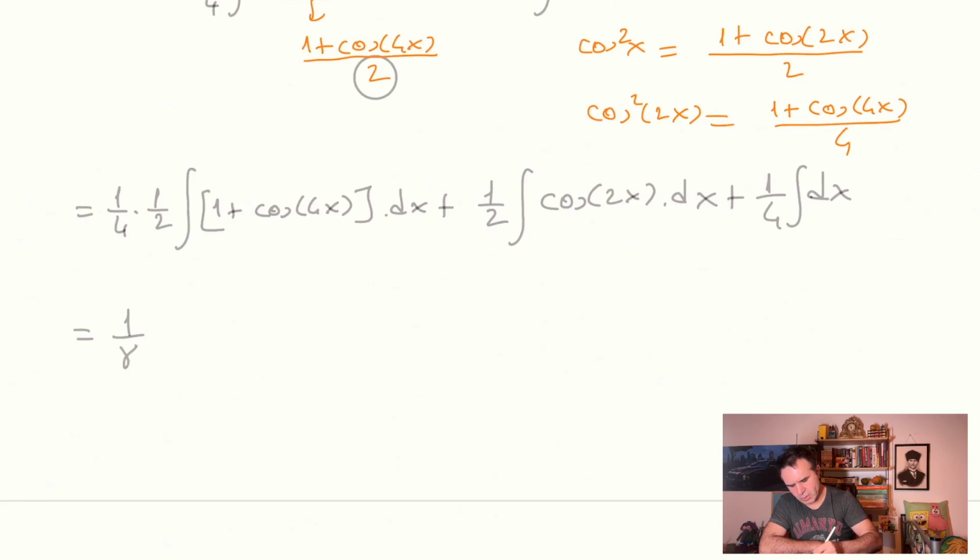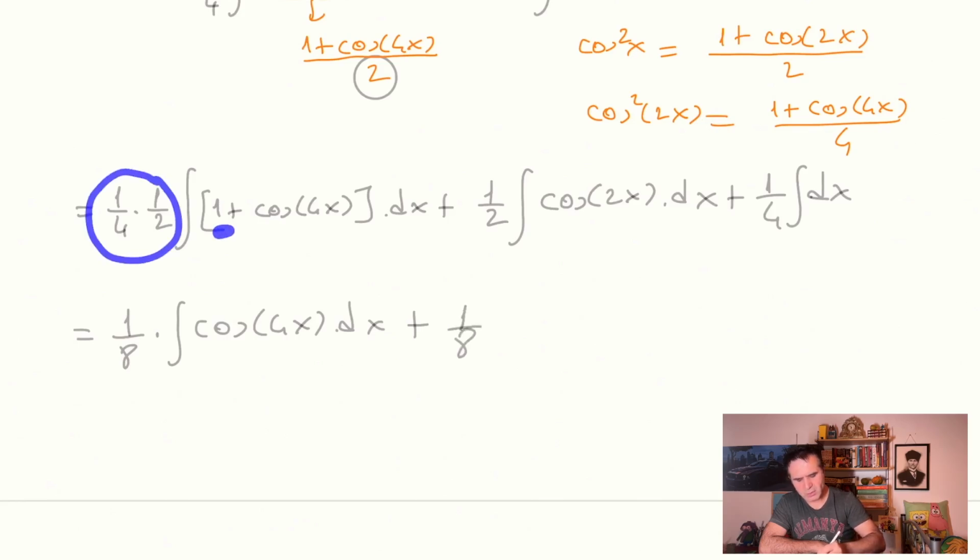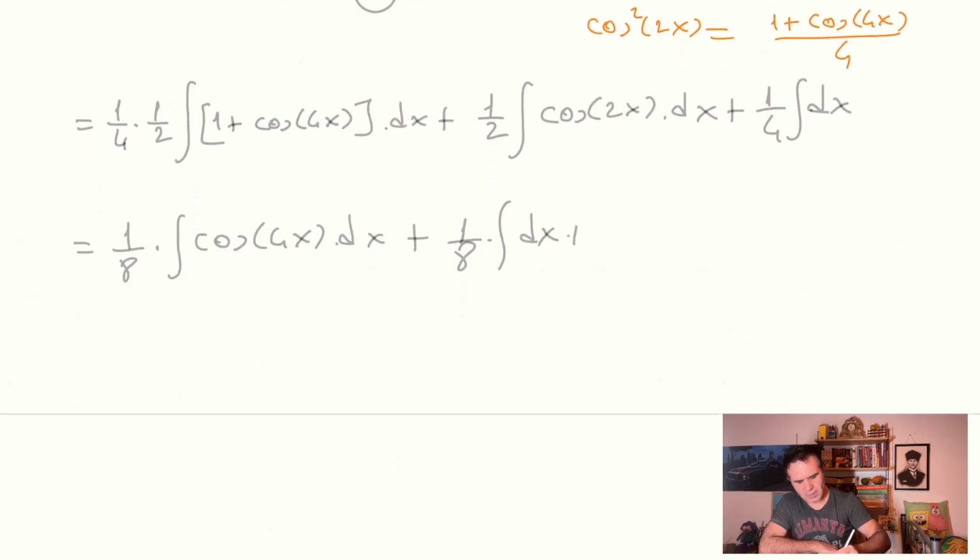Let's separate these integral parts: 1 over 8 times the integral of cosine 4x dx plus 1 over 8 times the integral of 1 dx, which is just dx, plus 1 over 2 times the integral of cosine 2x dx plus 1 over 4 times the integral of dx.